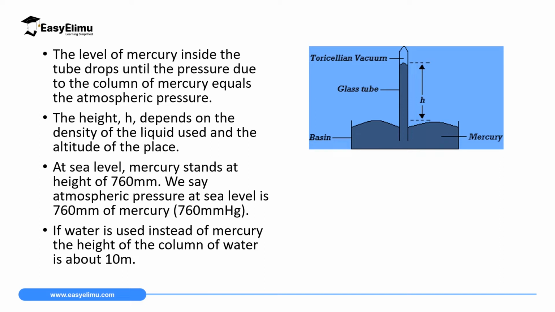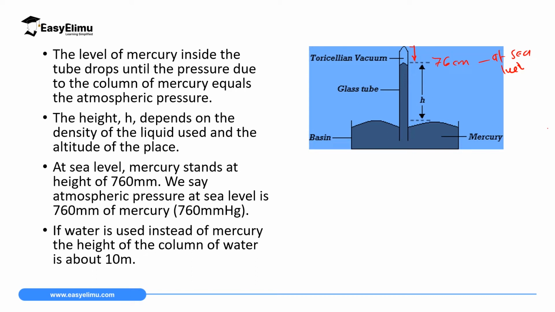Because this tube was 1 meter, it will drop up to 76 centimeters if you are at sea level. If you are at sea level, this liquid will drop from 100 centimeters to 76 centimeters. At 76 centimeters, it will stop dropping.